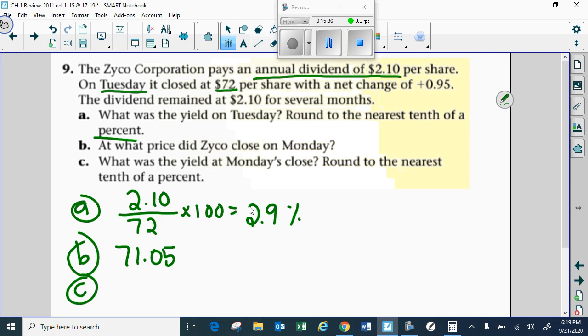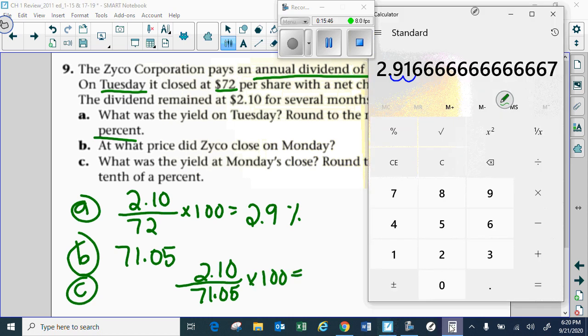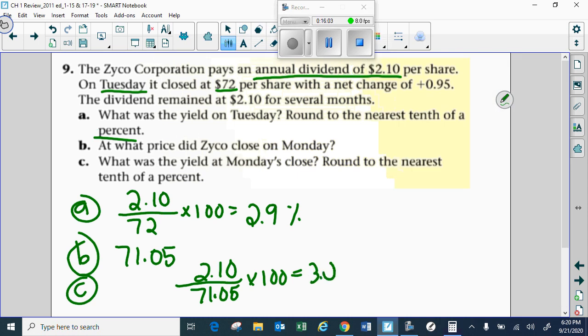So now we do the same idea: $2.10 divided by 71.05 times 100, change it to a percent. That's 2.95, which is going to round up to 3%, right? We're going to the nearest tenth, so 3.0%.